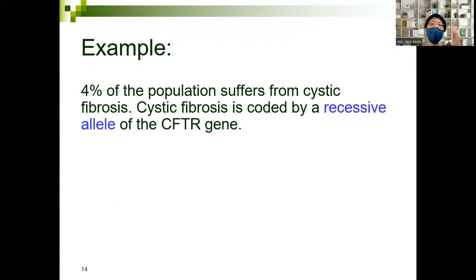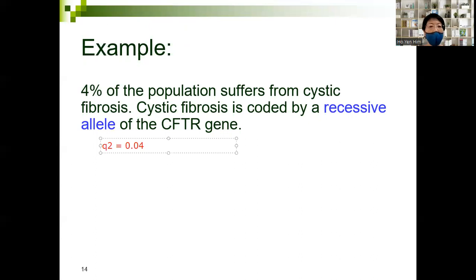Okay, so we try out a question. Let's do this together. 4% of the population suffers from cystic fibrosis. Recessive, right? Cystic fibrosis is coded by a recessive allele of the CFTR gene. So that means Q square is equal to 0.04.